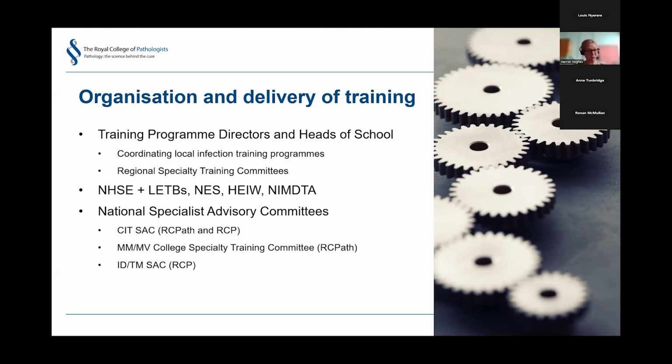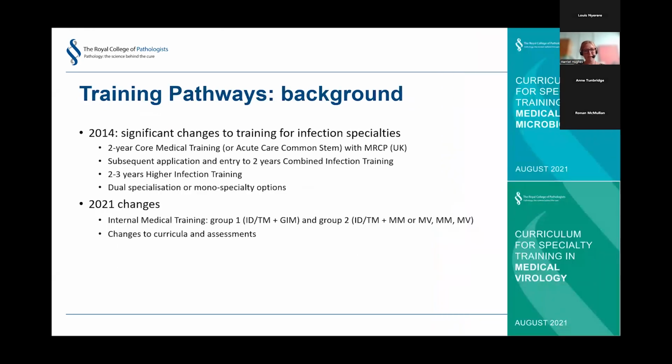And then at a national level, we have our specialist advisory committees. So those are the committees that Anne and myself are chairs of. And Anne's got a nice slide at the end to go through how the decisions are made through the different groups of people.